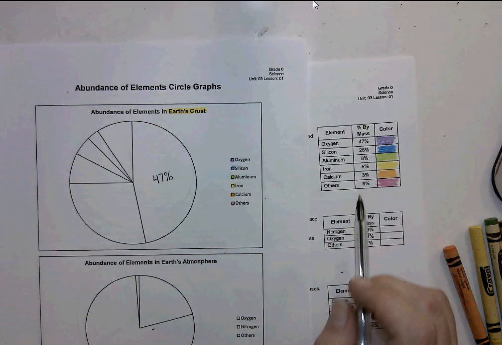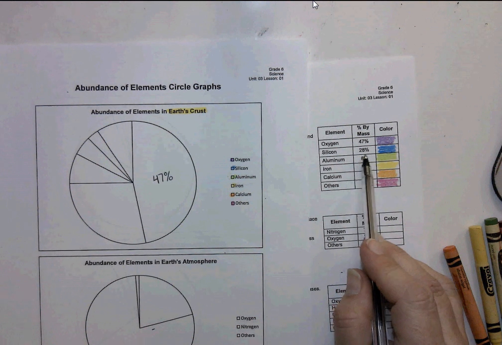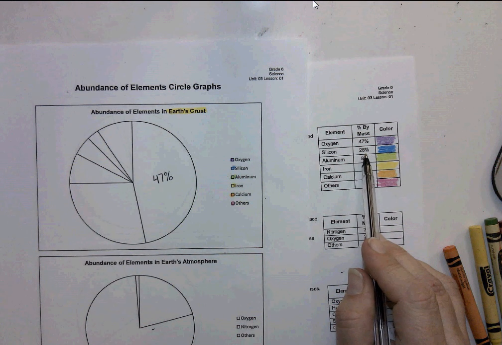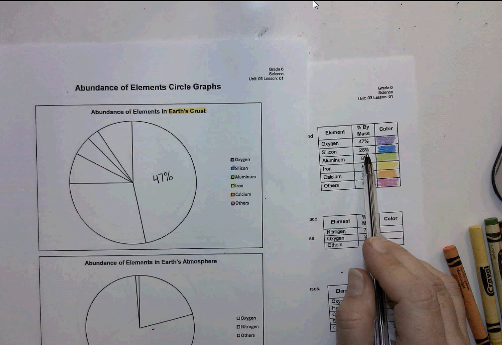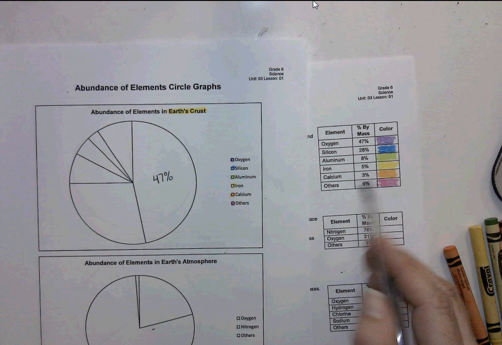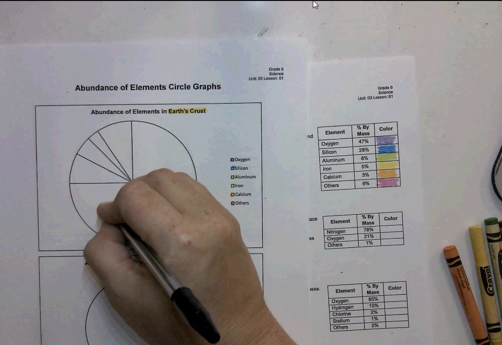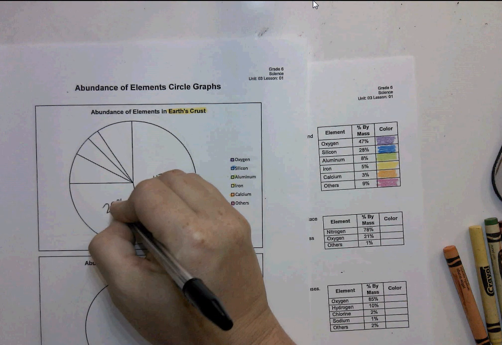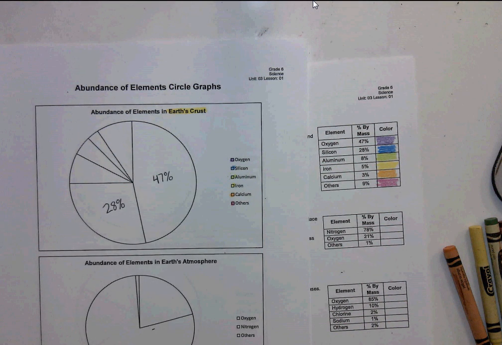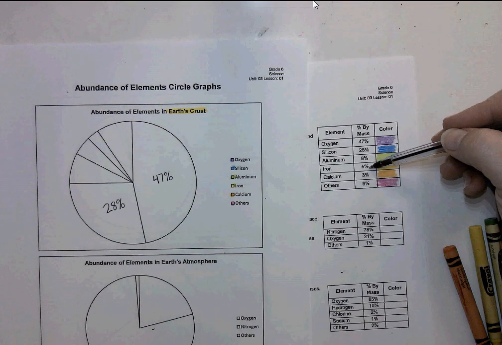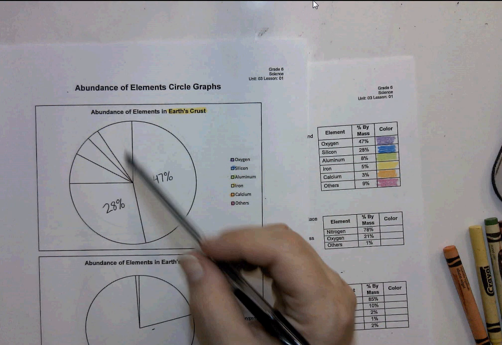I'm going to find the next biggest section, which is 28%, which is just a little larger than a quarter of the circle. And that's this section right here. And I'm going to write 28%. Those are the 2 largest sections. Now I have an 8, a 5, a 3, and a 9.